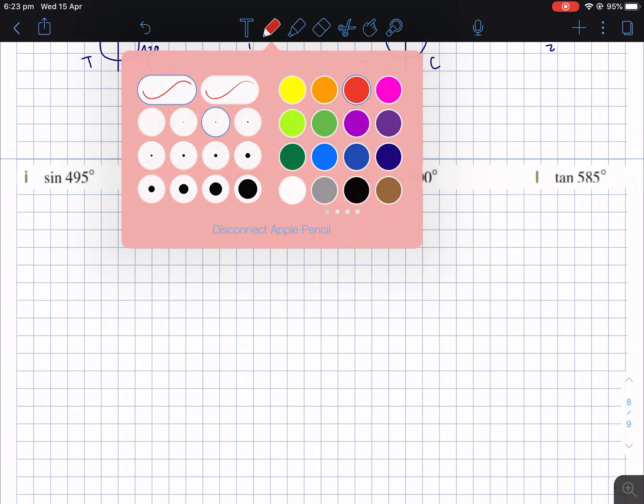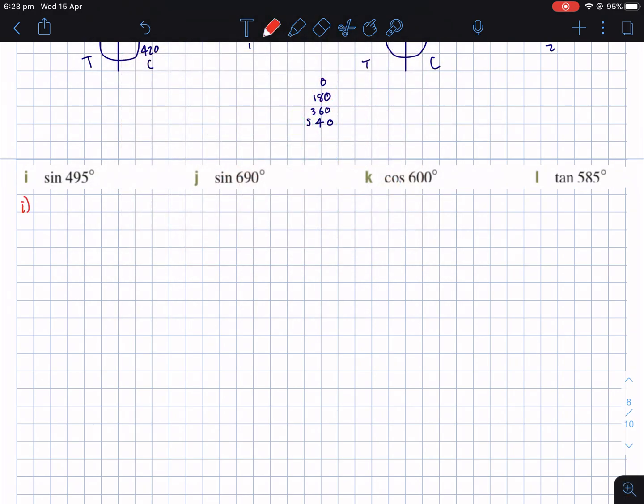Okay, so let's do I. We've got sine 495. Let me guess, this is going to have to do with 45 degrees. Sine 495, which means we've gone around a full 360. So 495 take 360, 135.